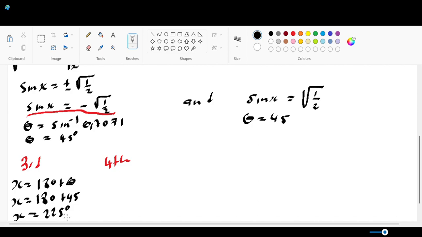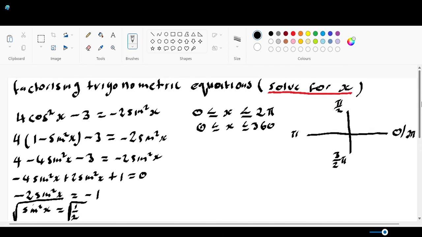Are we done? No, we are not done. We need to convert this into radians. Remember, originally from the question, they gave us this domain, whereby x should be greater than or equal to 0, but less than or equal to 2 pi.